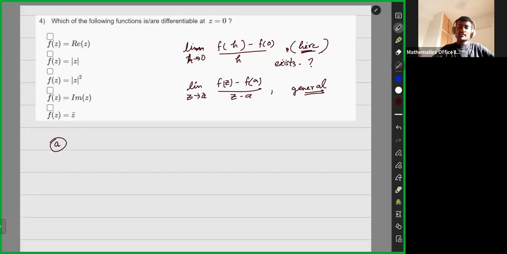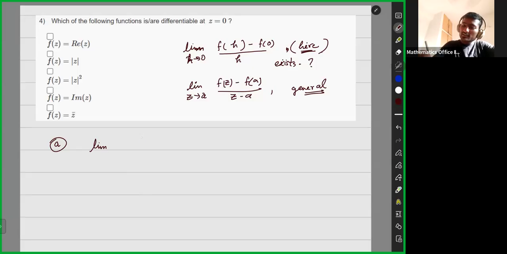Part A is about the real part of z. What do you think? It is mostly not a polynomial, not trigonometric, not logarithm, something like that. So it should not be differentiable, but it could be. But we'll take the limit of this function.